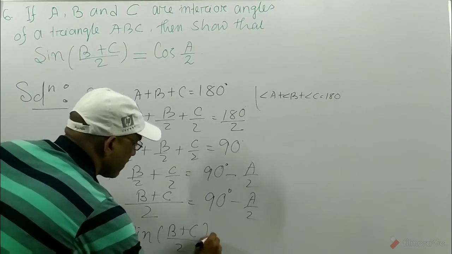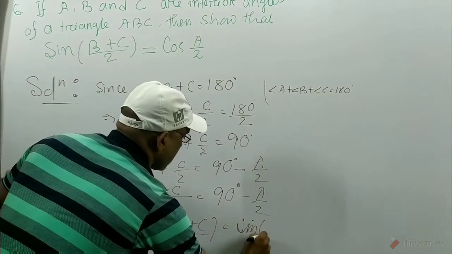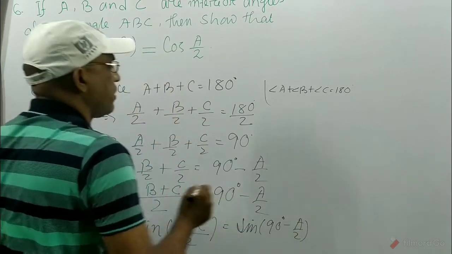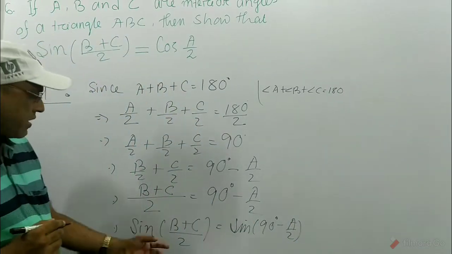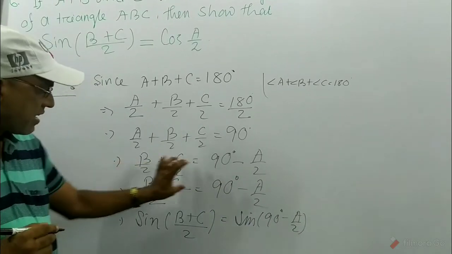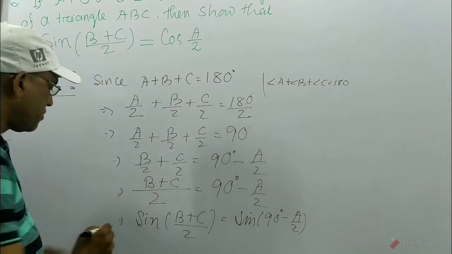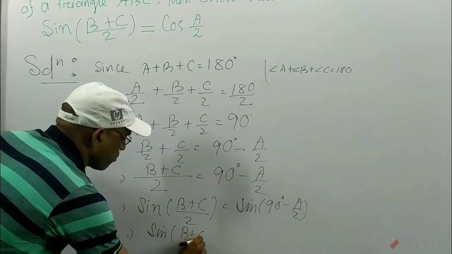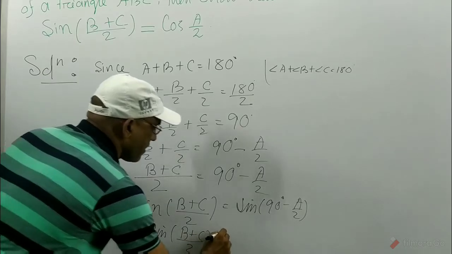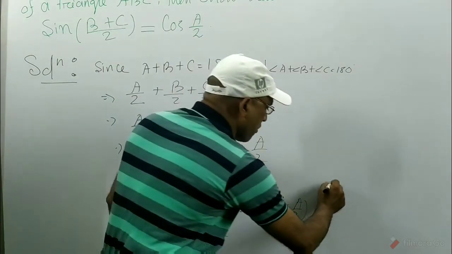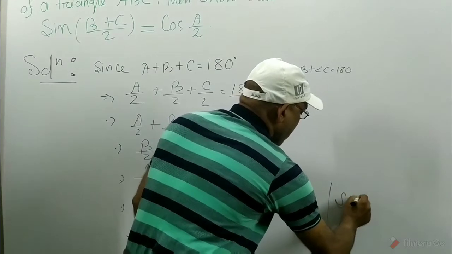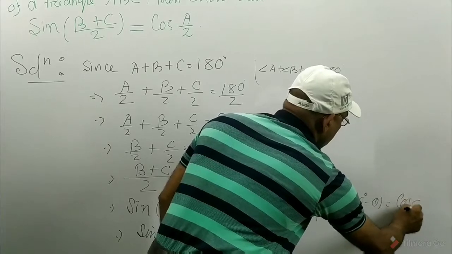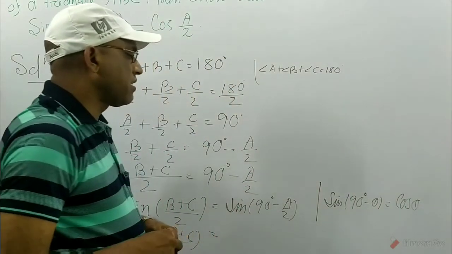Sin of (B plus C) by 2 equals sin of (90 degrees minus A by 2). Now we know this formula: sin(90 degrees minus theta) equals cos theta, the relation between sine and cos.